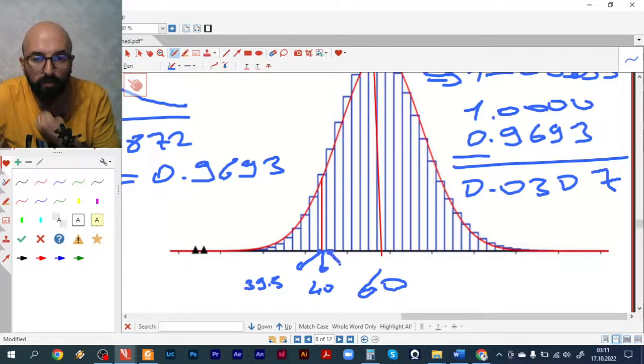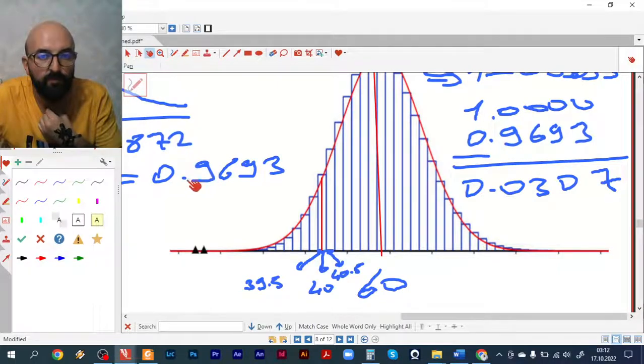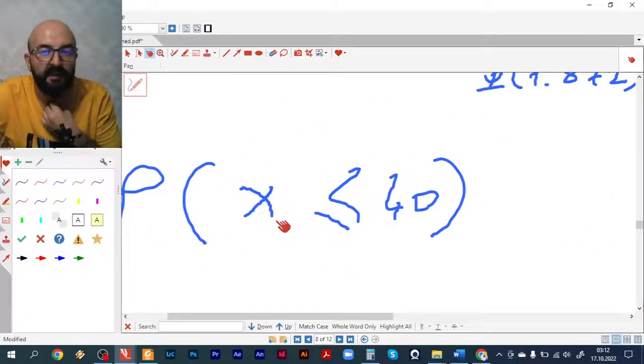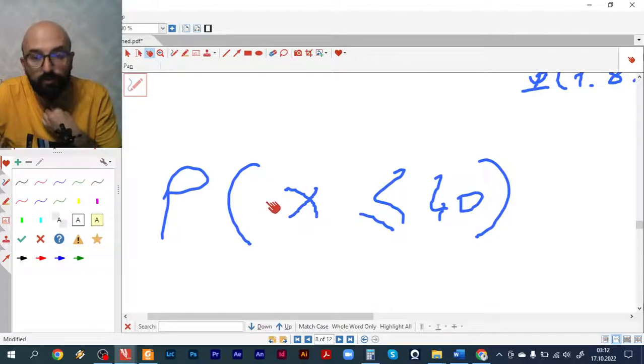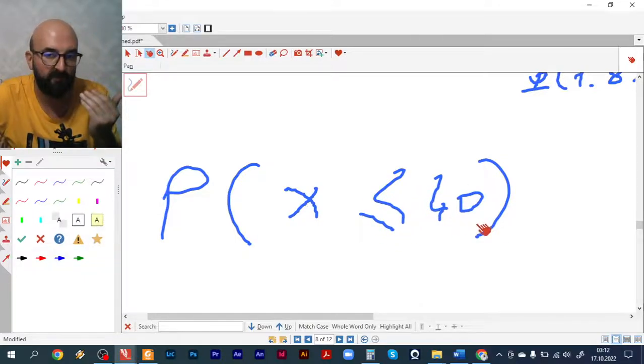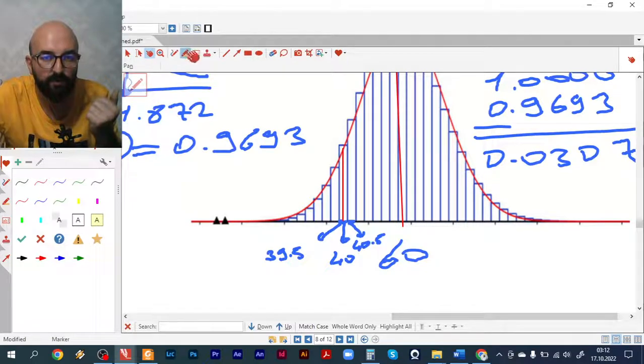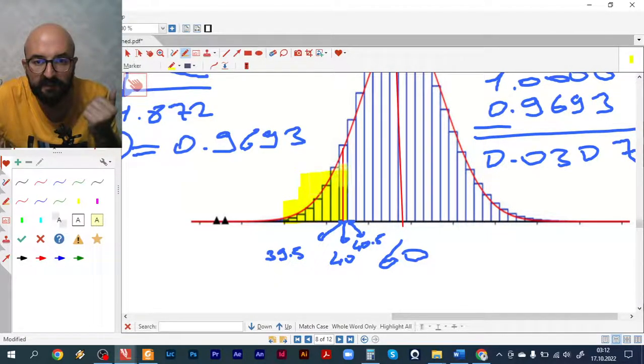39.5 or 40.5. But if you want to find less than or equal to 40, so you want to include the value 40, you should use 40.5, because less than 40.5 includes 40. It is the upper boundary of this rectangle.